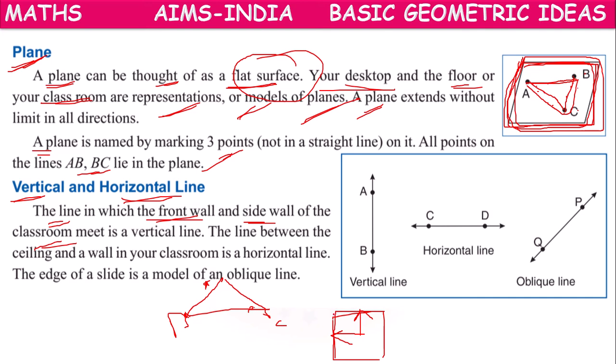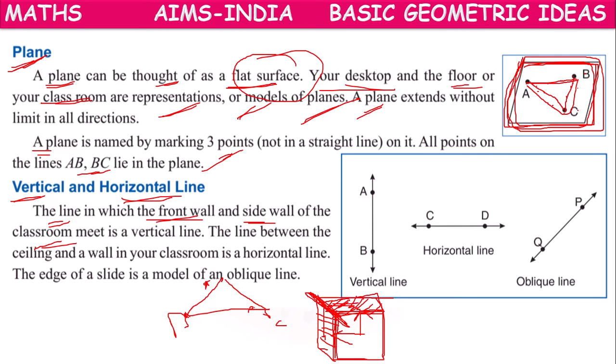If you imagine a cube, if this part is the front wall, this part is the side wall, then this middle line connects the front wall and the side wall.